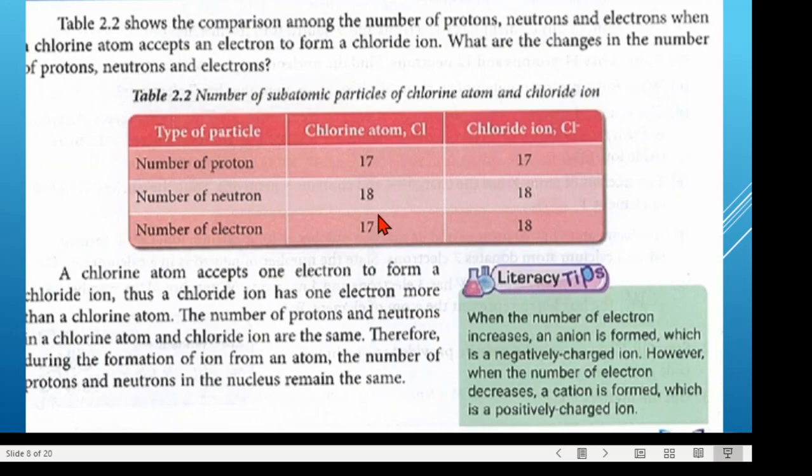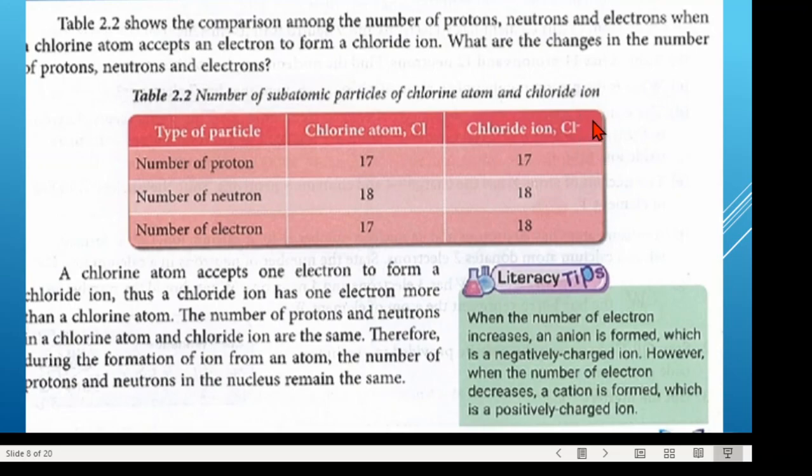Okay, in this case, chlorine atom becomes chloride ion, it adds one electron. From 17 become 18. So, that is why its charge here is negative. Because it has an excess. This one is positive, this one is negative, right? Okay, negative 18, you plus with positive 17. You will get negative 1, right?